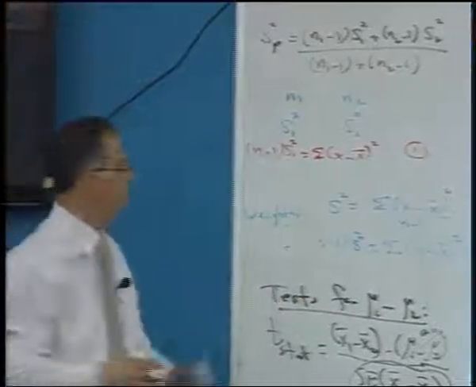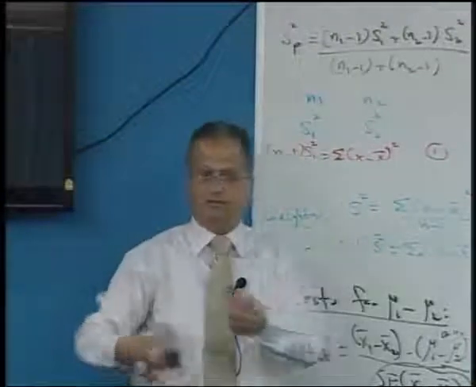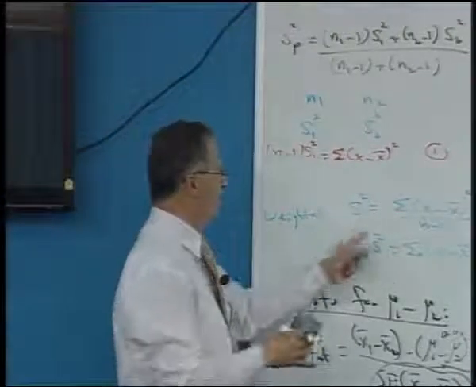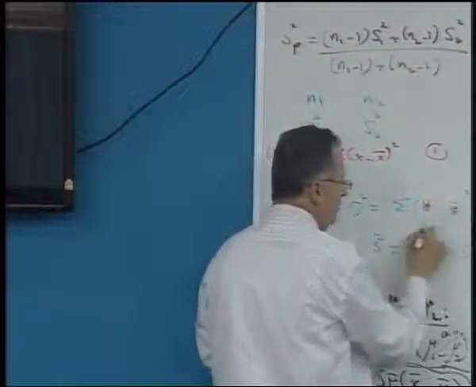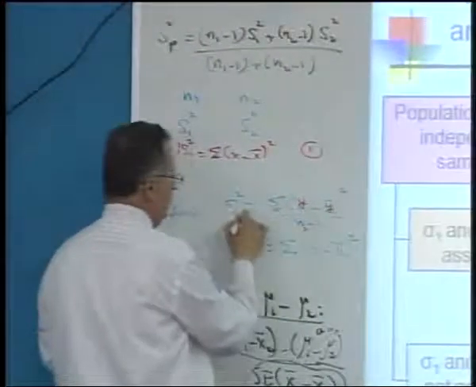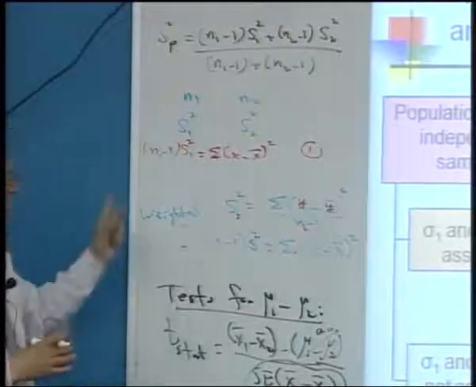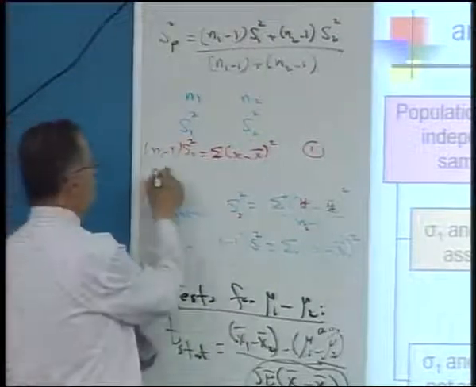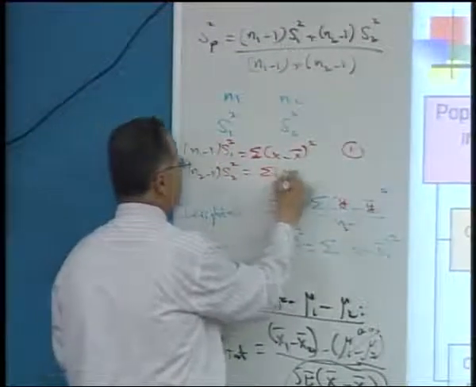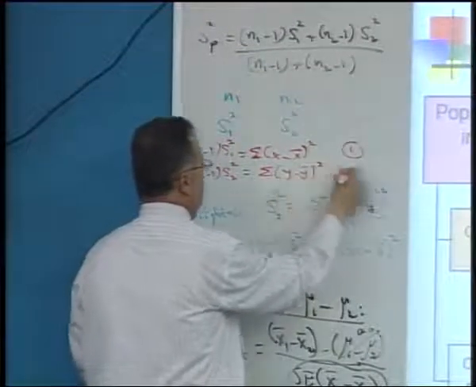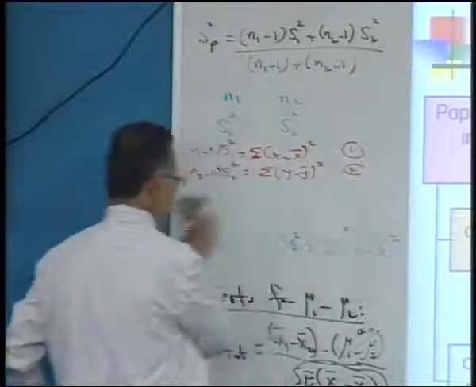For the other sample, we have the same equation but different data. So s2 squared equals the sum of (y minus y bar) squared divided by n2 minus 1. Now cross multiplying, you get (n2 minus 1) s2 squared equals the sum of (y minus y bar) squared. That's for the second sample.